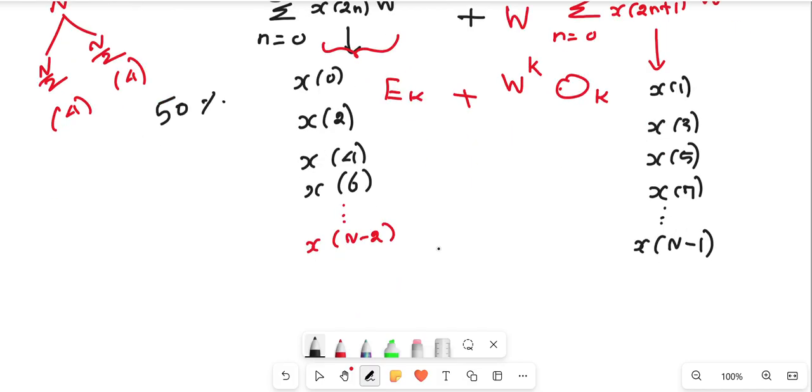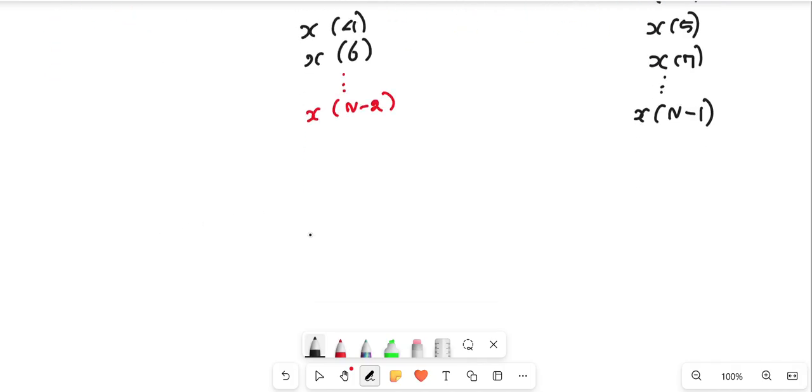Further, you can note that because of the symmetry property, k is restricted to vary from 0 to N by 2 minus 1.